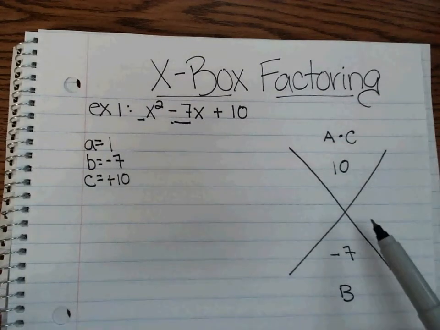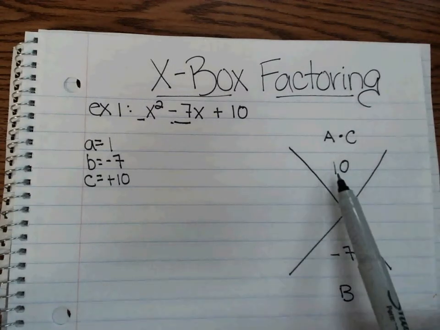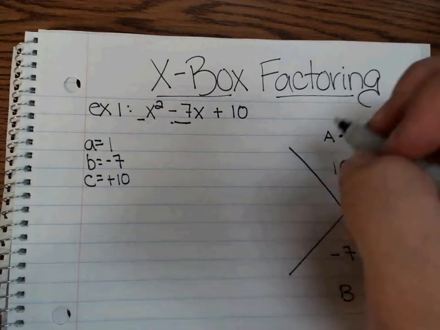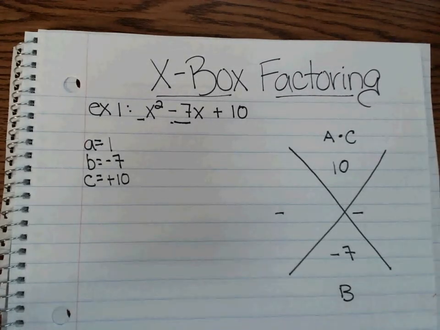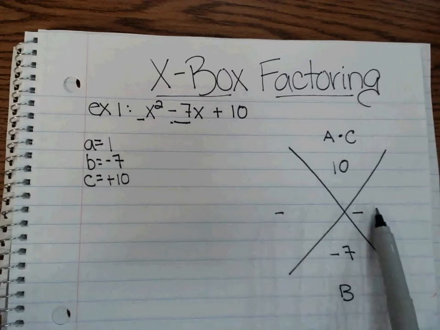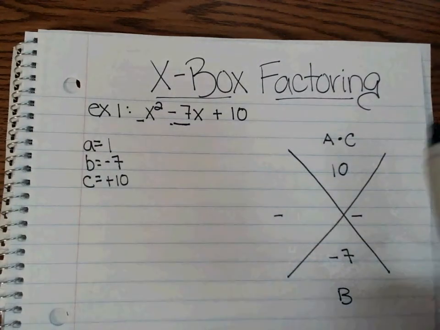Alright? So in this case, when you add to get a negative number but multiply to get a positive number, I know that both my numbers have to be negative, because negative plus a negative gives you a negative. Negative times a negative will get you a positive. Alright?